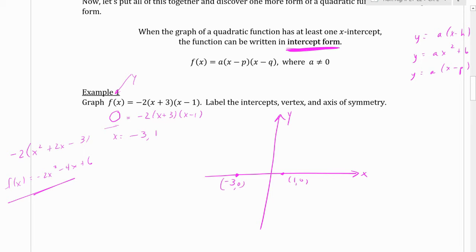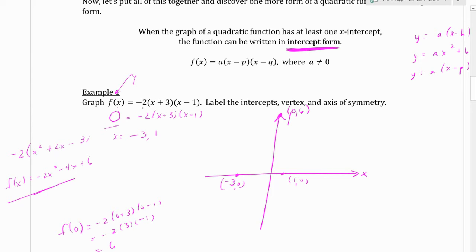So there's your x-intercepts. Now, I could also get the y-intercept real easily because I could let x be 0. So -2 times 3 times -1, what is that, 6? So right up here at 0, 6 is going to be a y-intercept.